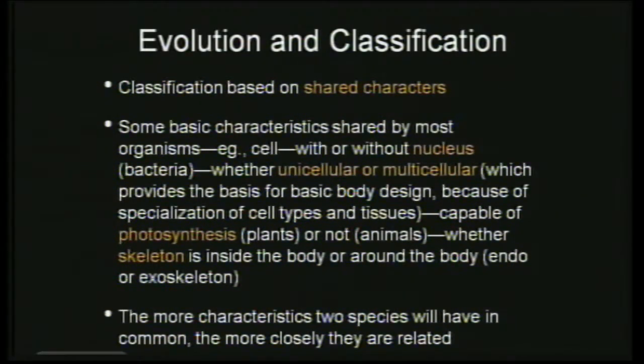For example, the presence of nucleus, whether the organisms are unicellular or multicellular, or whether they are able to photosynthesize, or different kinds of characters that you observe in different organisms. So based on the similarities and differences, you are able to classify them. That is what evolution helps us in doing.